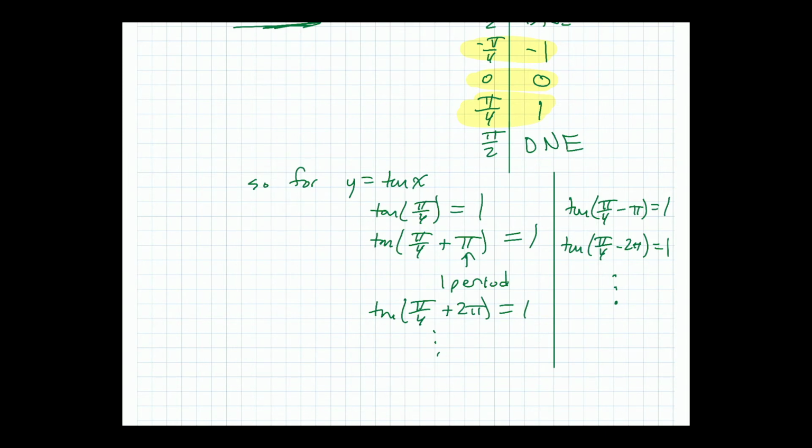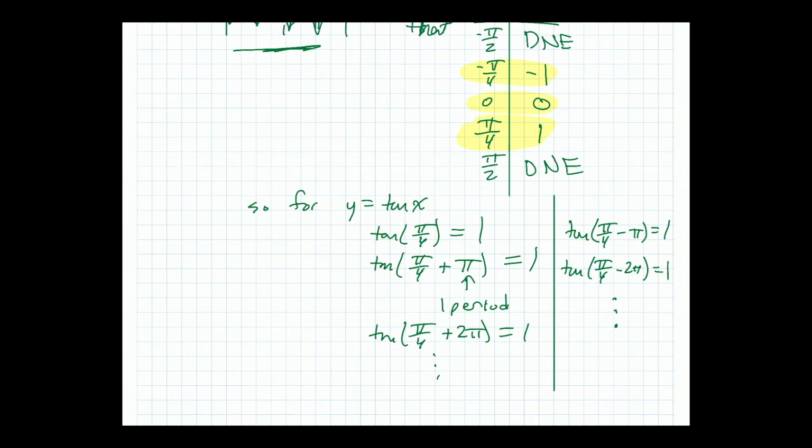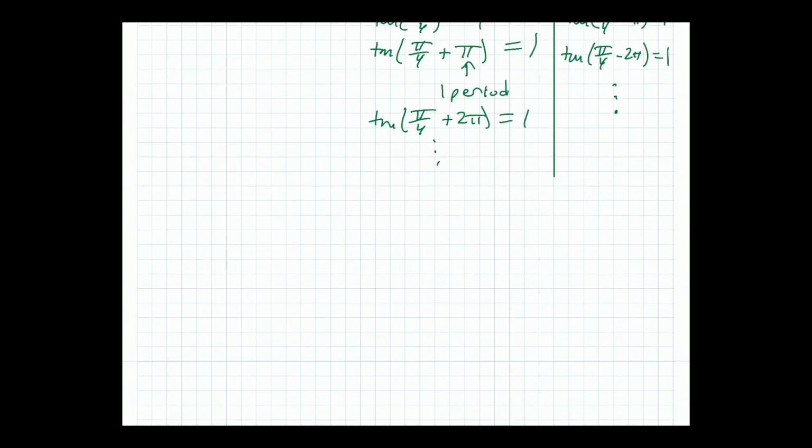And you can do that for any point. You would also be able to do that for negative ones. So if you knew that negative pi over 4 gives you -1, then you could add pi, 2 pi, 3 pi, 4 pi, and find lots of other points where tangent was -1.